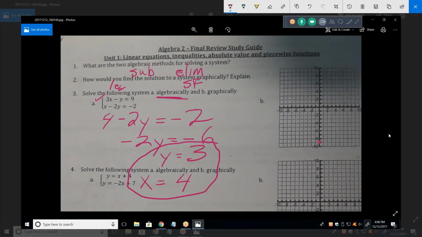Now solve for the x-intercept. What's y when we're talking about the x-intercept? 0. Plug in 0 for y and solve for x. Oh, it's still the first one.